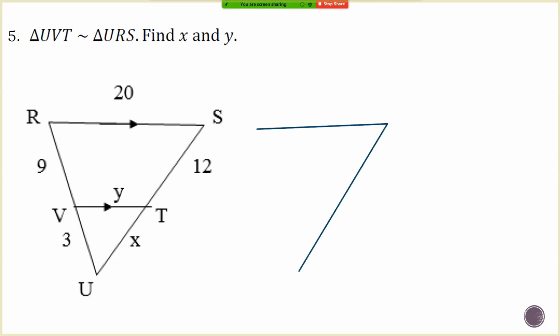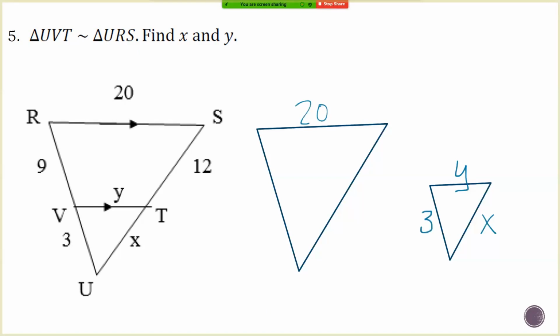I'm just breaking these two triangles apart. I'm going to have the little one and the big one. Then I'm going to label this 20, this is Y, X, 3.